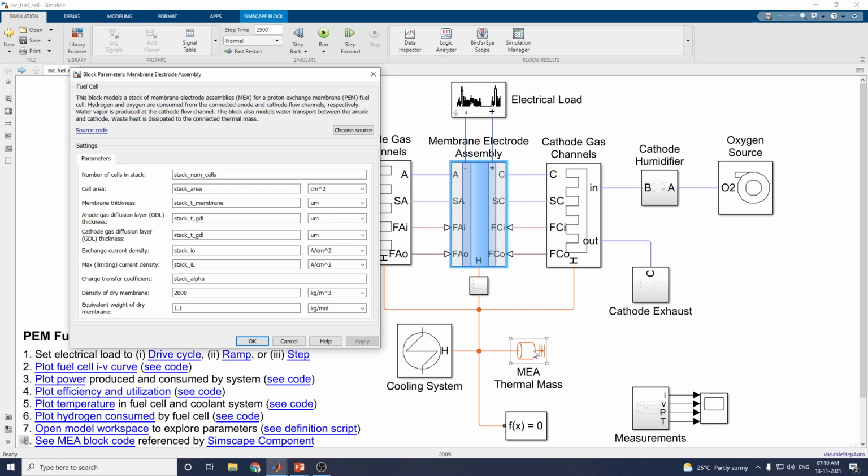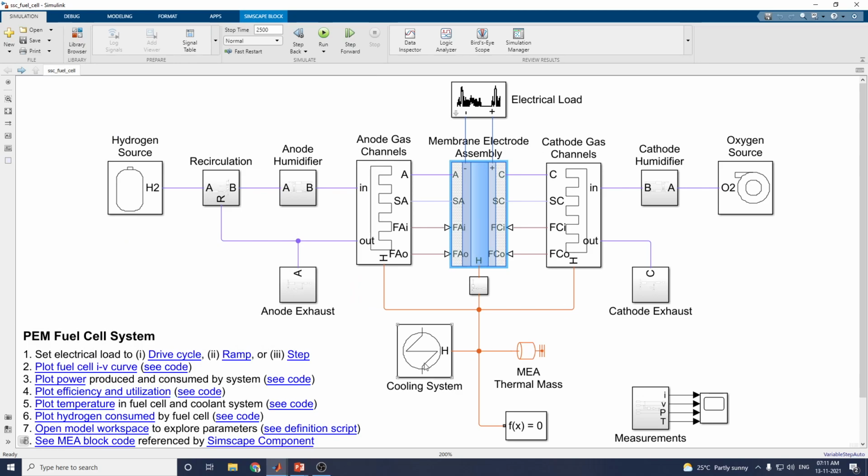Here by using this settings menu you can set the parameters: how many cells in the stack, the cell area, membrane thickness, anode gas diffusion layer thickness and cathode gas diffusion layer thickness, exchange current density, the maximum current density, charge transfer coefficient, density of dry membrane, and equivalent weight of dry membrane. Also, by using this, reconfigurable or reusable source code is available.